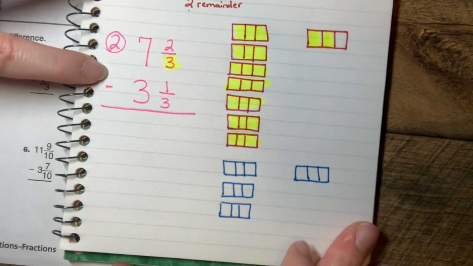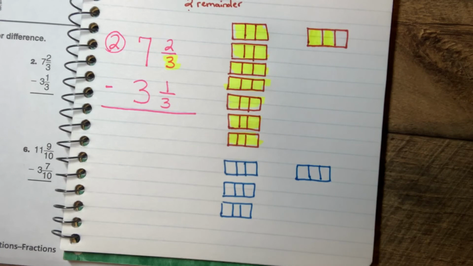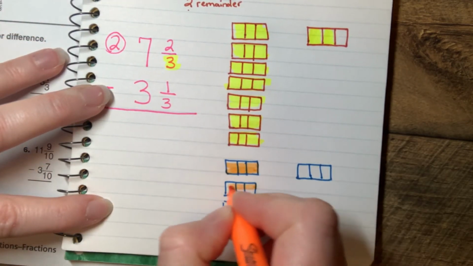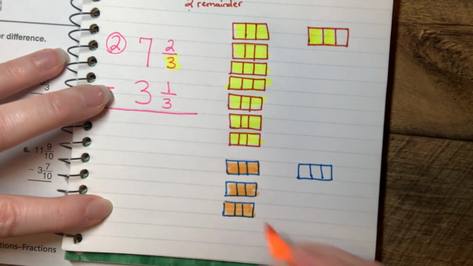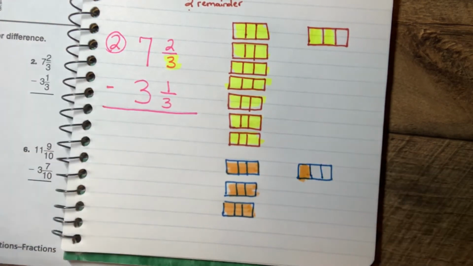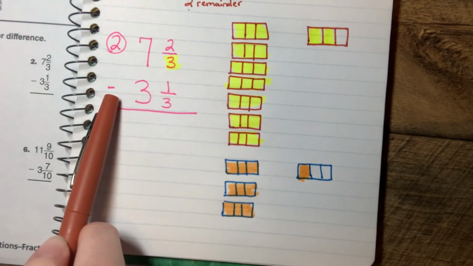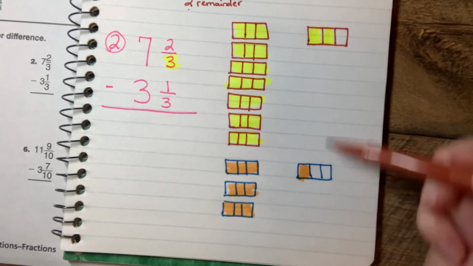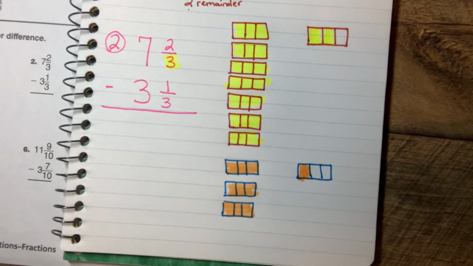All right, we also have 3 and 1/3. 1, 2, 3 wholes, and 1/3. Now the same thing is true over here. When you are doing subtraction, when you're doing addition, it does not matter. You need to start in the fraction column.